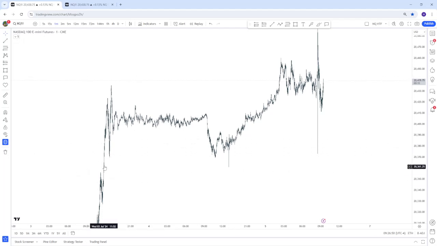There's no selling here, so a lot of the orders couldn't get filled. So they need to engineer this liquidity so that they can get filled on these orders. They're engineering retail to sell here and engineering retail to sell here, so they can buy here and fill their bags and then bring it back up, right?